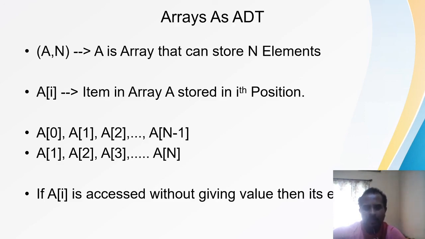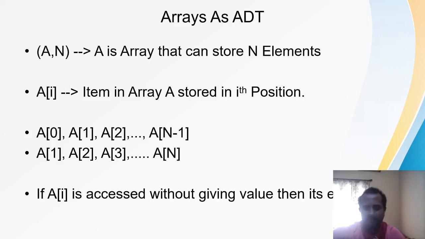For example, when I say stack, I have the push operation, I have is empty, I have is full, I have the pop operation. So different operations are there, but I will not specify what value is going to be present there.